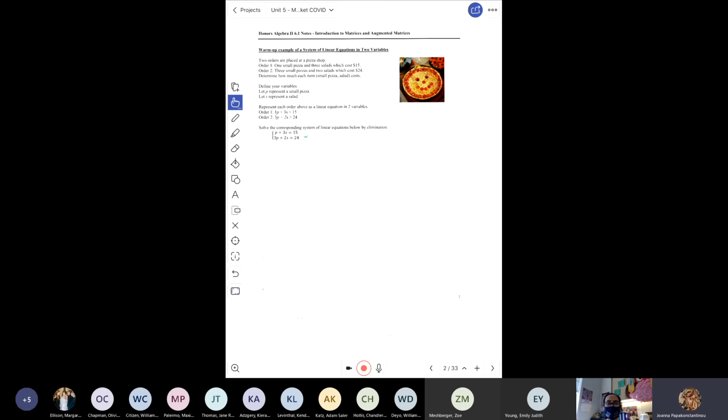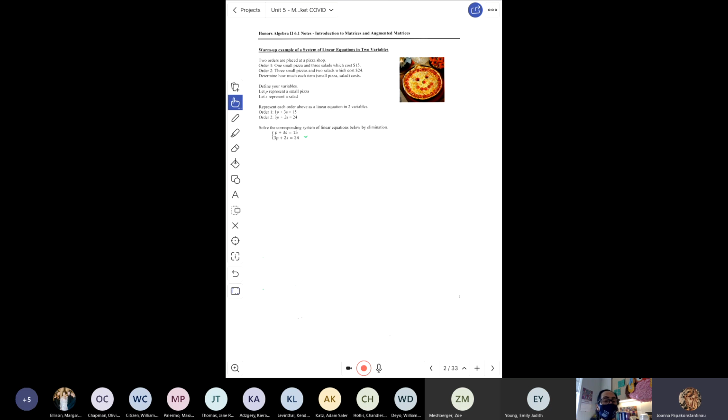So when we solved systems, we were given a word problem perhaps, and we had to turn it into linear equations. So if I look at this example, I have two orders placed at a pizza shop. Order 1: 1 small pizza and 3 salads costing $15. Order 2: 3 small pizzas and 2 salads costing $24.